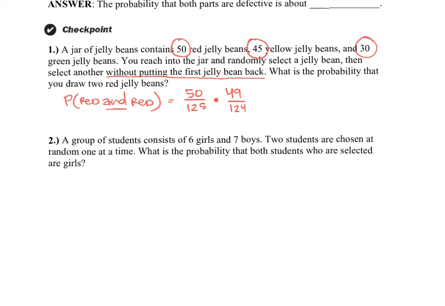Now, I've got sort of big numbers here, so I'm going to try to do some simplifying to make these numbers a little bit more manageable, okay? I know that 2 goes into both 50 and 124. It goes into 50 25 times and into 124 62 times.